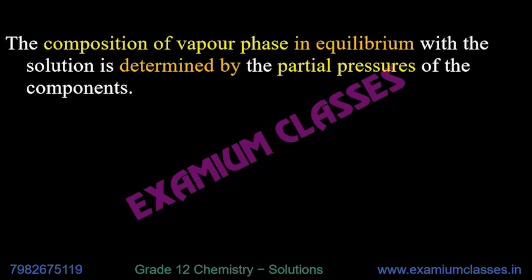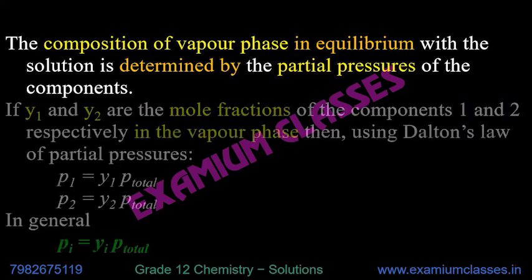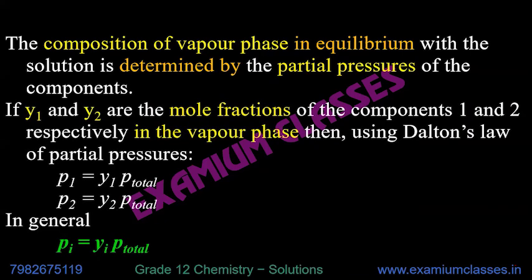Now, the composition of the vapor phase in equilibrium with the solution is determined by the partial pressure of the components. And what is the difference? I'll tell you. Okay. If Y1 and Y2 are the mole fractions of components 1 and 2 in the vapor phase, understand the difference from the previous one.